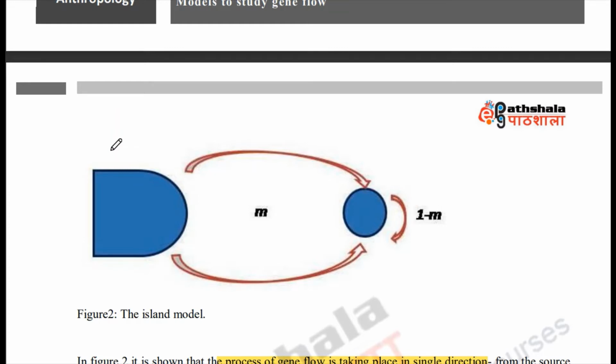Now m is the migration rate, and because the island allele frequency has to sustain at 1, when we're talking with respect to maintaining its allele frequency, it is 100% of its allele frequency minus the ones who have come from the mainland. This is how the allele frequency of the island is depicted. So 1 minus m is identified as the allele frequency of the island.